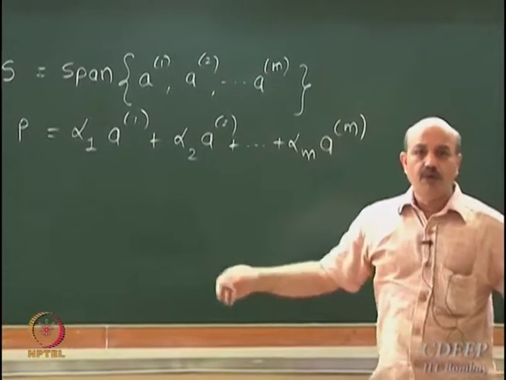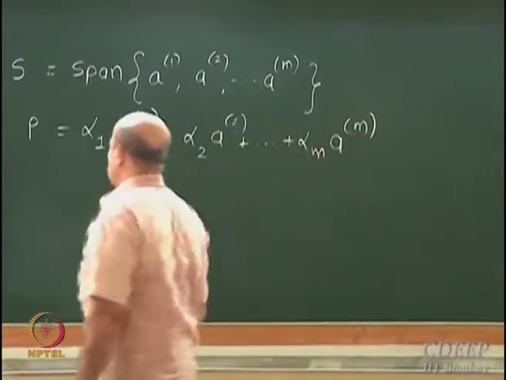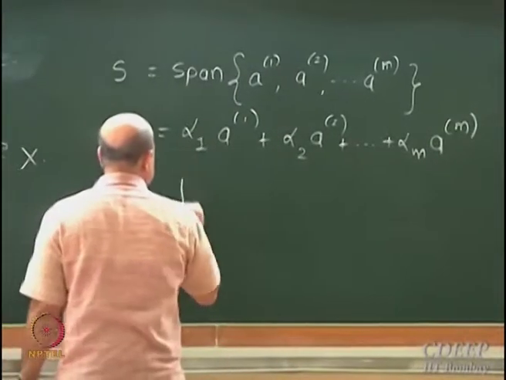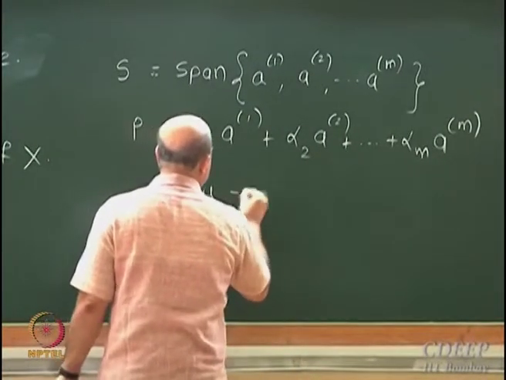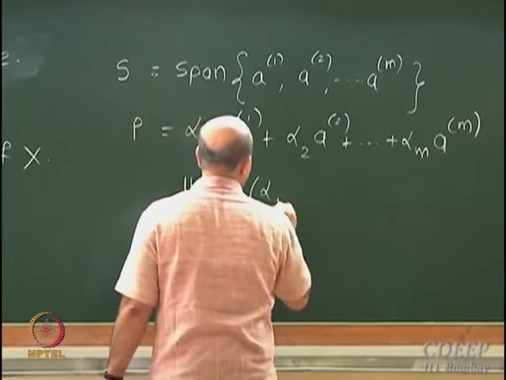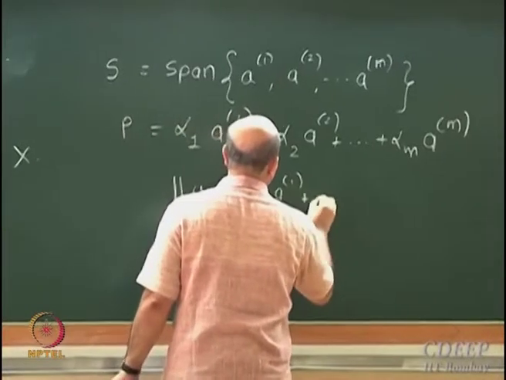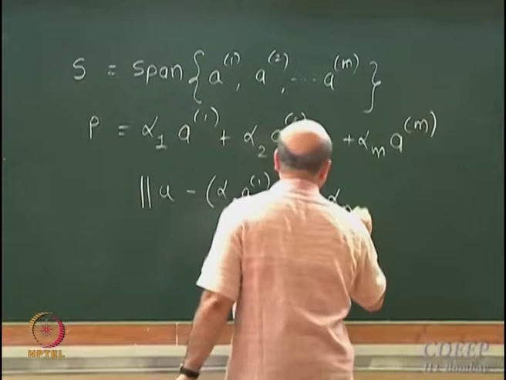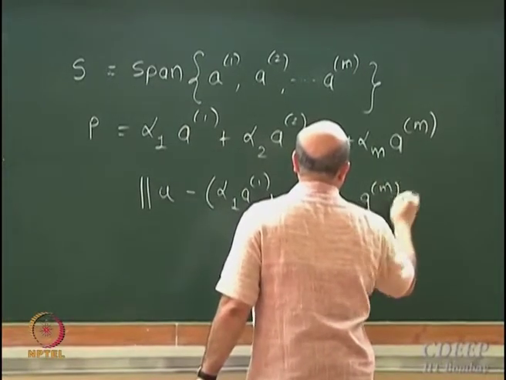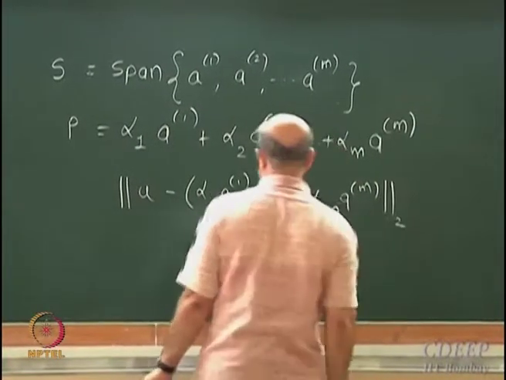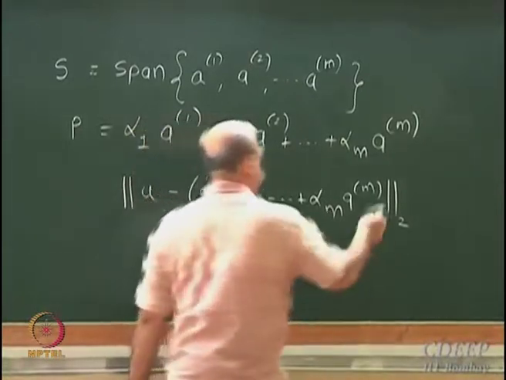What I want to do is to find alpha 1 to alpha m such that the 2 norm square of u minus this linear combination is minimized.